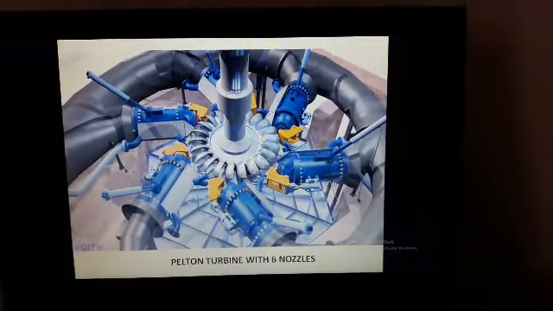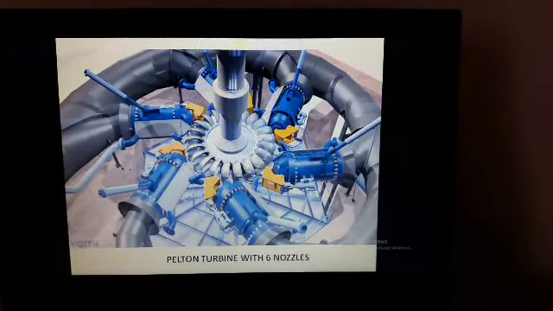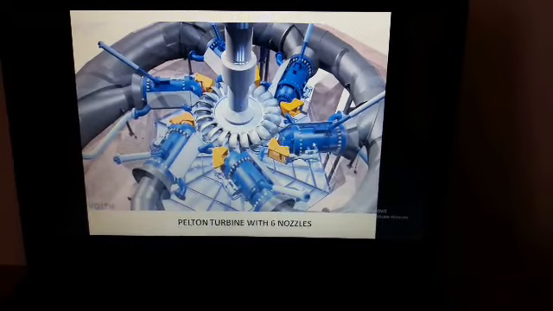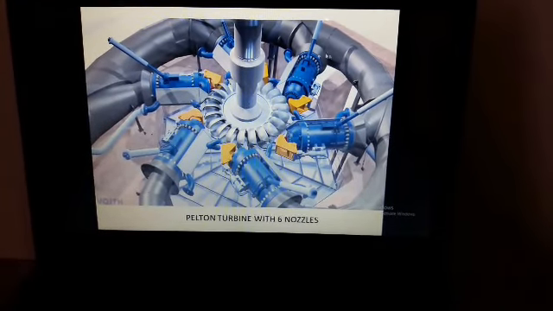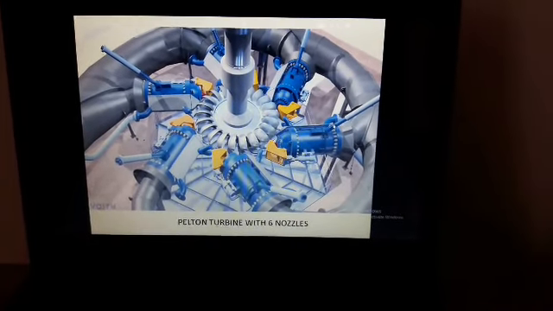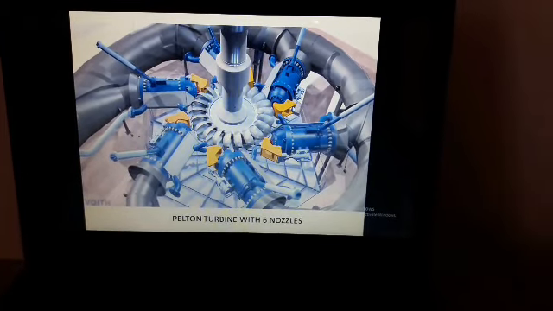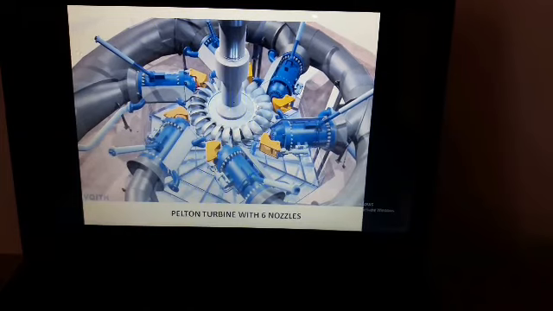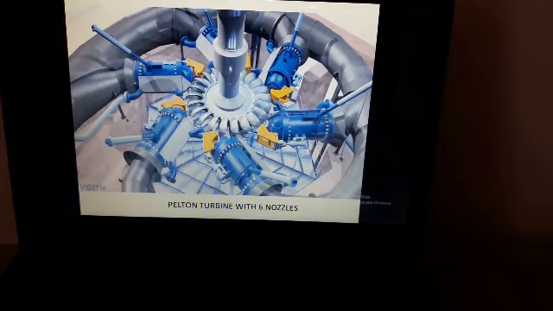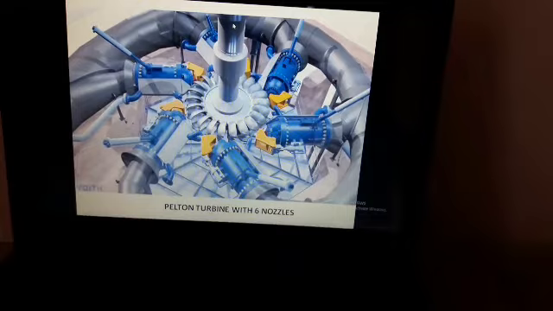This is the diagram showing that there are 6 nozzles used in the Pelton turbine. We can notice various things: this is an attachment for the spear movement, this is the nozzle, this is the rotor, these are the buckets, this is the rotor shaft which will be coupled to the generator shaft.